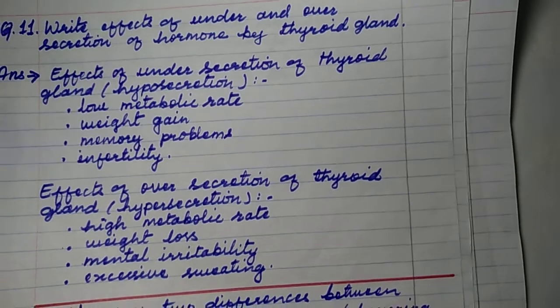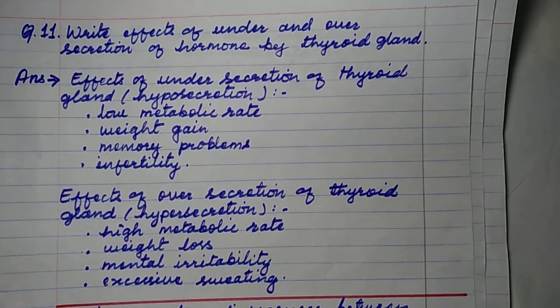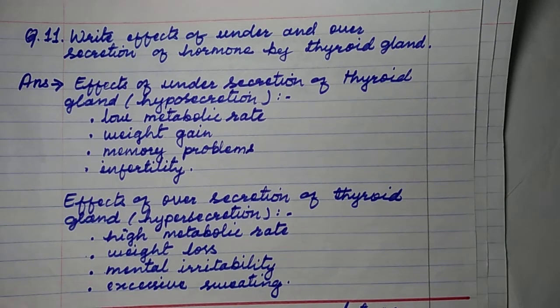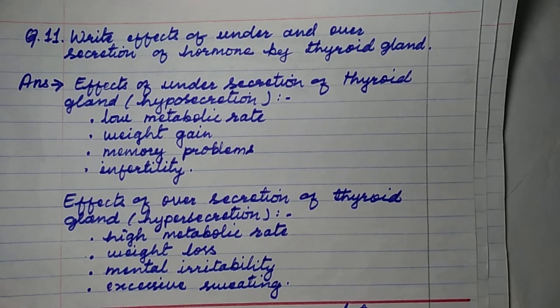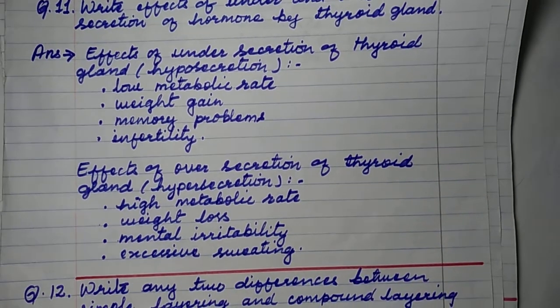Next question is, write effects of under and over secretion of hormone by thyroid gland. Effects of under secretion of thyroid gland. Under secretion means hyposecretion: low metabolic rate, weight gain, memory problems, and infertility. Effects of over secretion of thyroid gland.